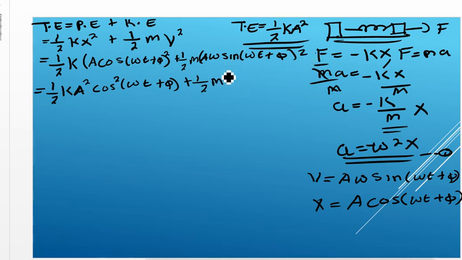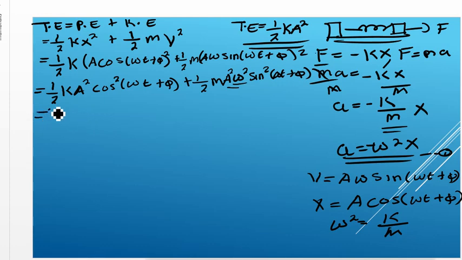Then since we've squared everything, we're going to have A squared omega squared sine squared of omega t plus phase. From here, remember that omega squared, we said that it's just equivalent to k over m.